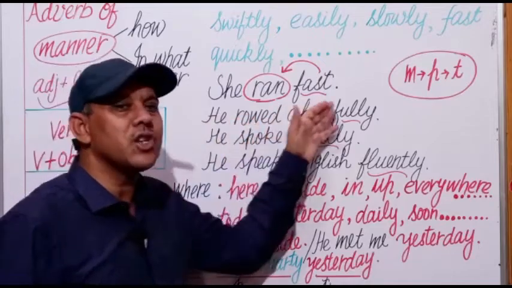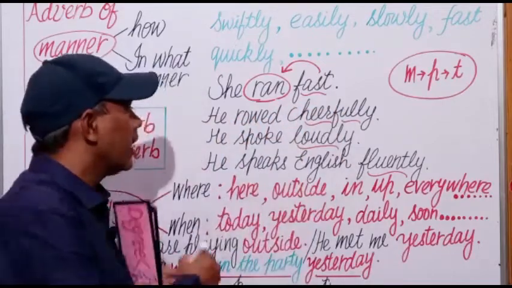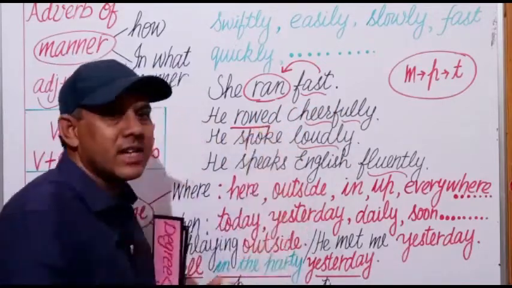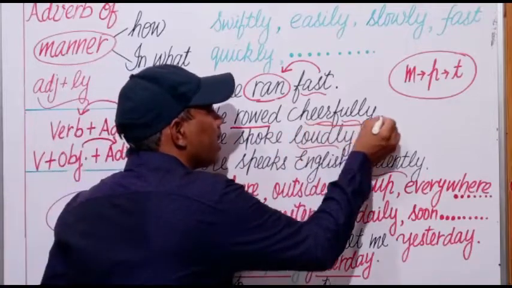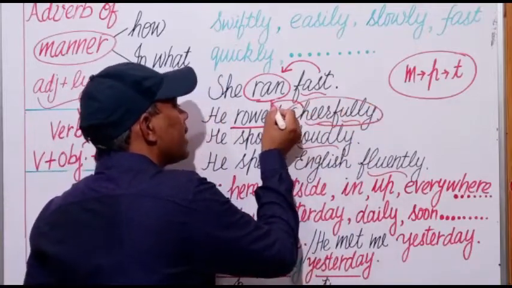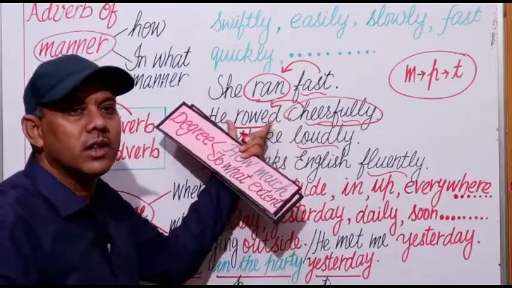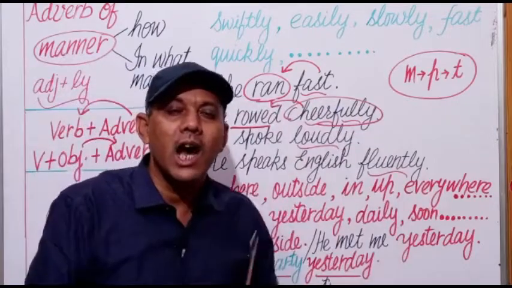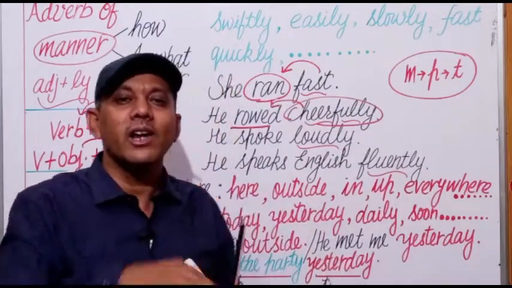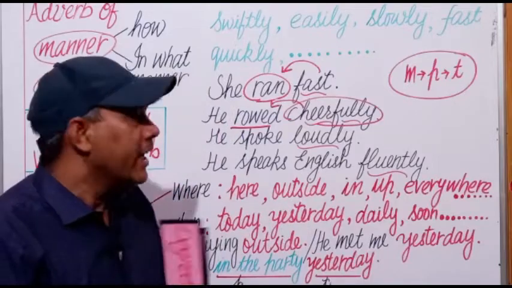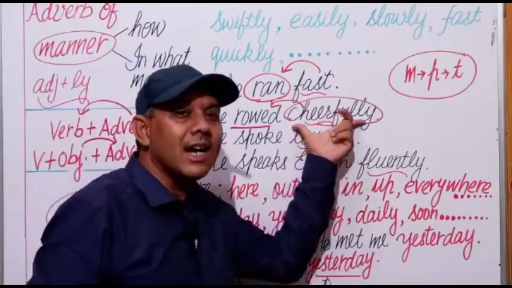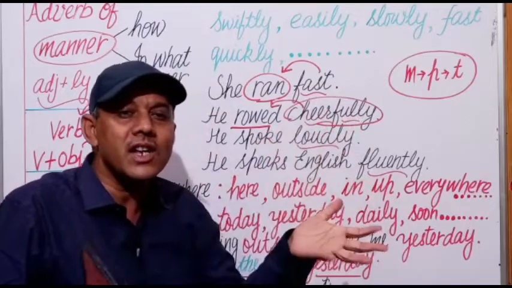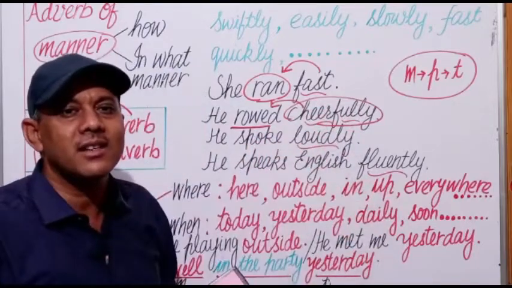Next is, he rode cheerfully. Rode, V2, simple past tense, and this word cheerfully describes the verb rode. How did he ride? He rode cheerfully. This word tells us how the action of riding took place.